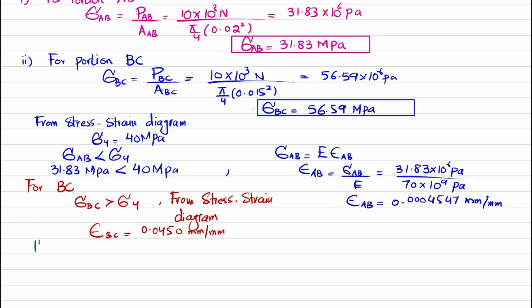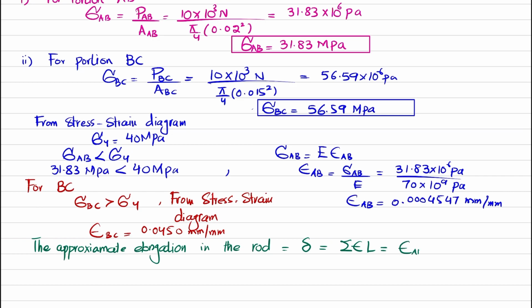Now for finding the approximate elongation in the rod, delta will be equal to the sum of epsilon into length L. So I can write epsilon AB into length of AB plus epsilon BC into length of BC.